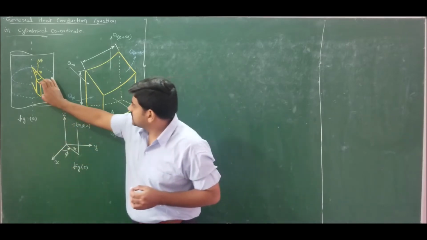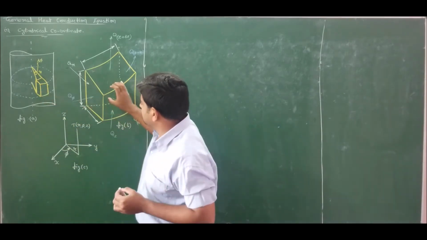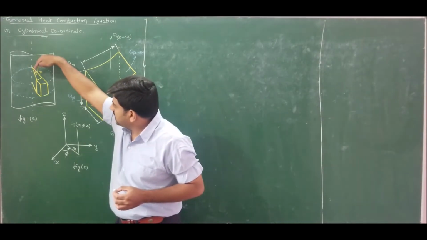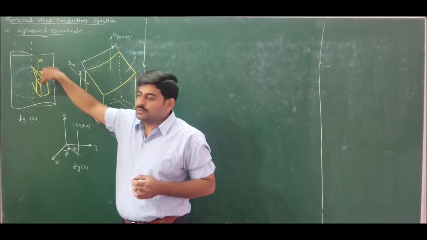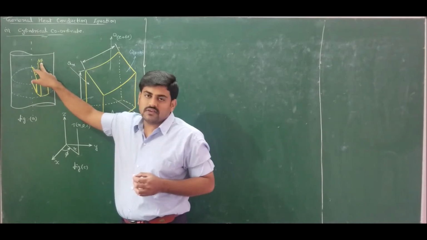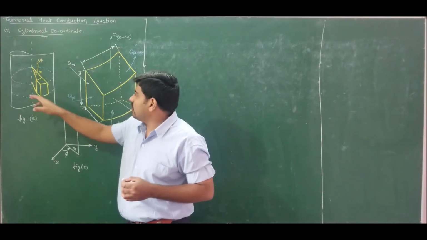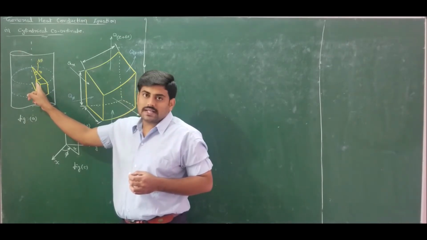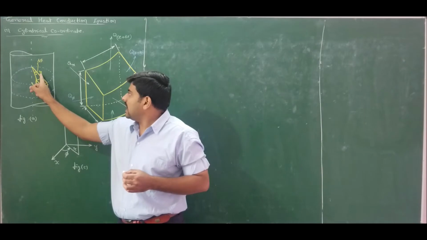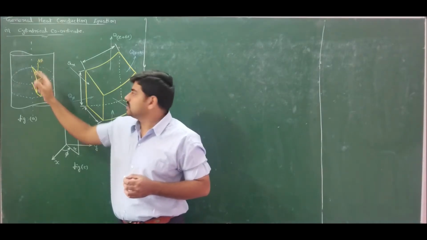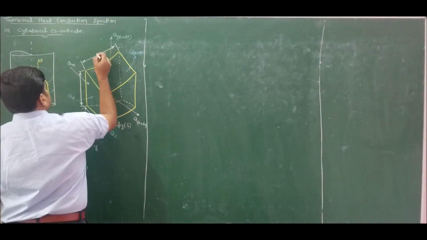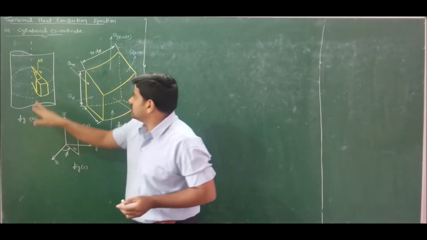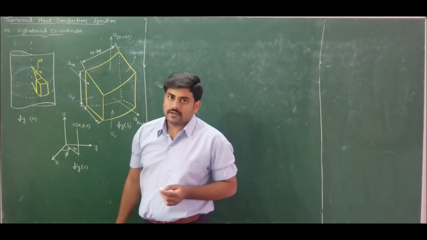Now, if I pick this element and place it here and analyze the lengths. Since phi varies from 0 to 360 degree, for an elemental volume I can take the angle as d phi. By using the formula S is equal to r theta, this length will become radius r into theta, which is d phi. So this length is r times d phi.